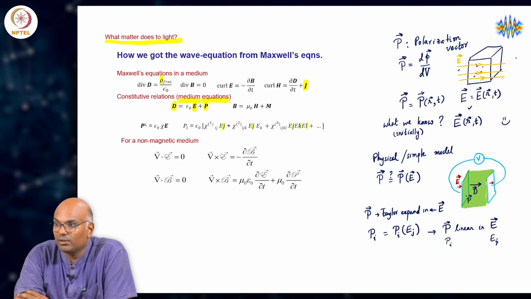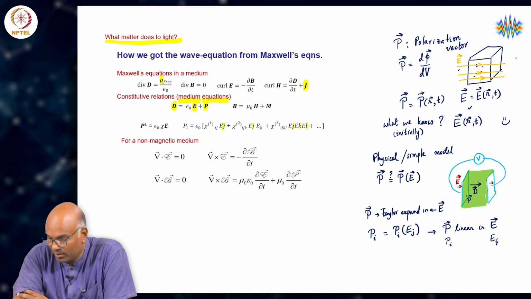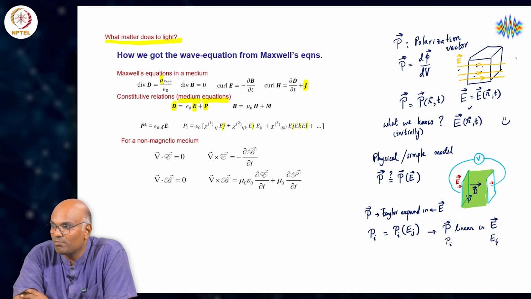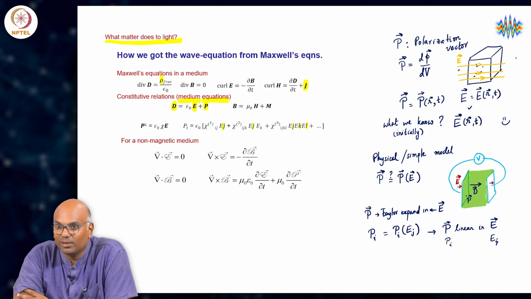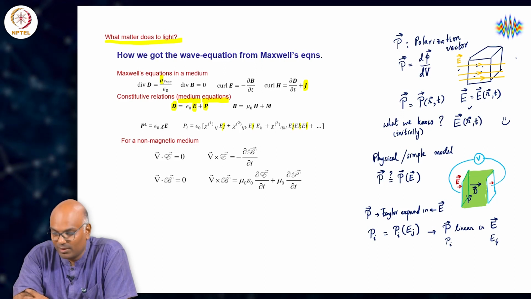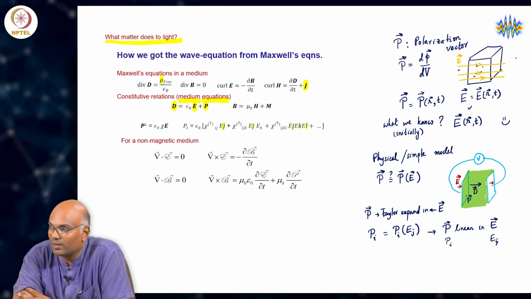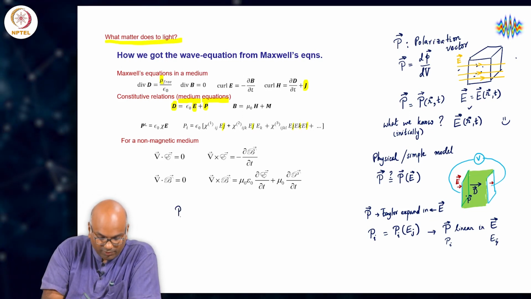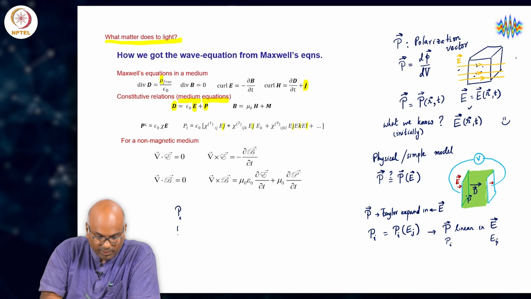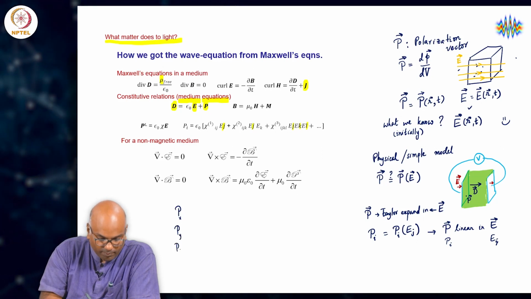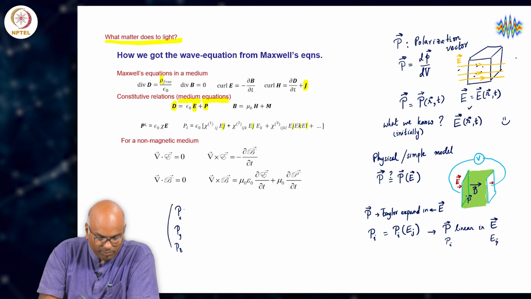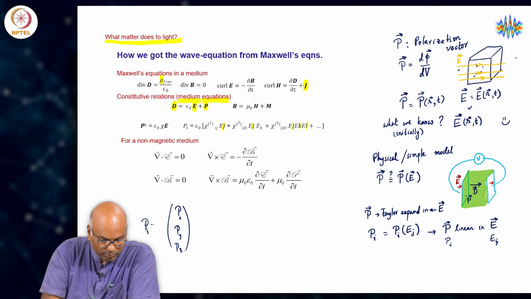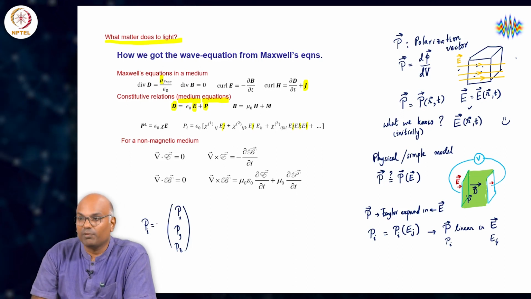So this is the simplest consideration in terms of how P scales with E, but this is not yet the simplest. We can still go a step further and simplify things and say that if I take a Cartesian coordinate system, then the vector P has 3 components, Px, Py, Pz.